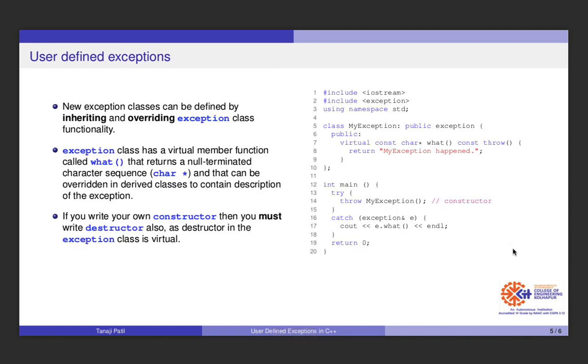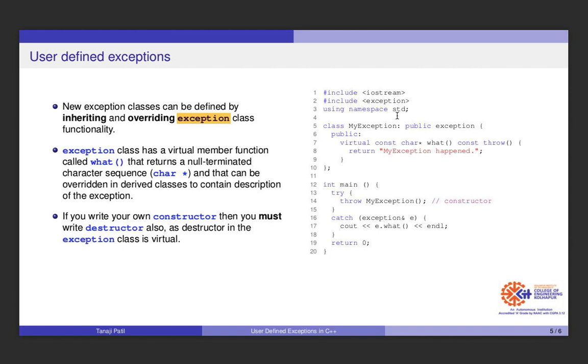When you want to create your own classes to handle the exceptions, this is very simple. This can be done by inheriting from and overriding the functionality of this exception class. Note that this exception class is available in the header file exception and it is part of the standard namespace.